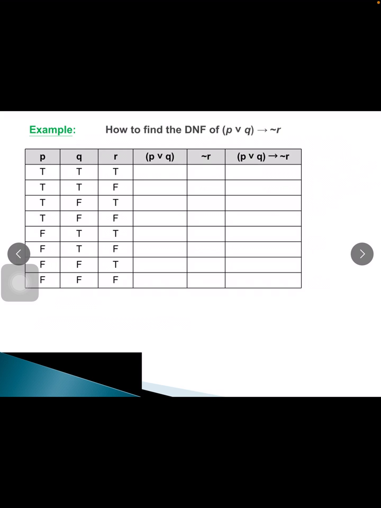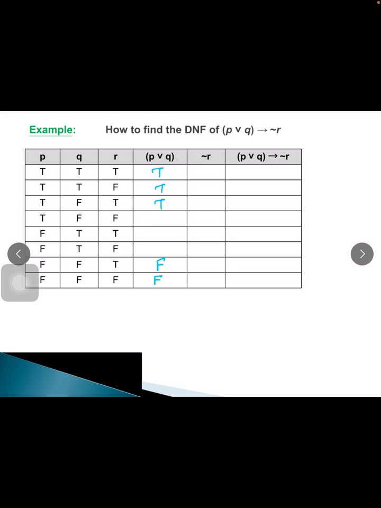Now first we need to calculate P or Q. We have the two variables P, Q. In the case of the OR, the value is false only if both the variables are false, otherwise its truth value is true. So these values are false if both are false, otherwise all values are true here.